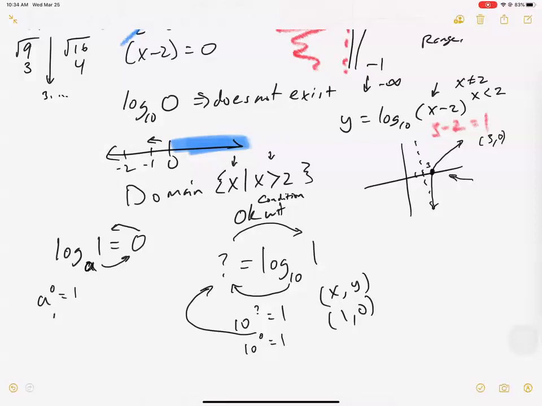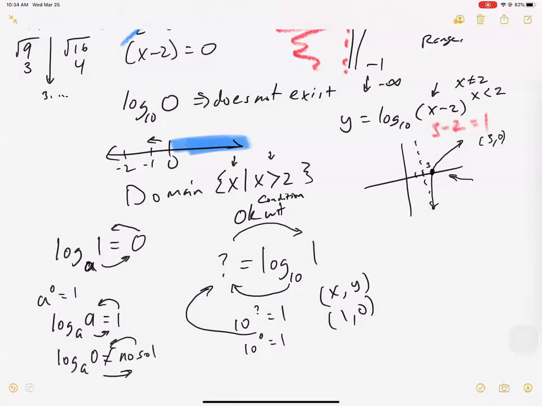Another one that we know is log base a of a. What power gives it itself? It's 1. So those are 2 ones that we know. Those are the easiest ones to solve for. And just FYI, remember log base a of 0 doesn't exist. No solution. You can't take an exponent that makes something go to 0.